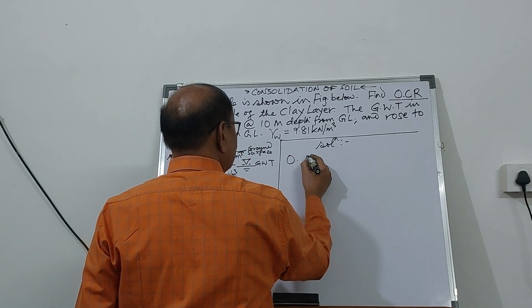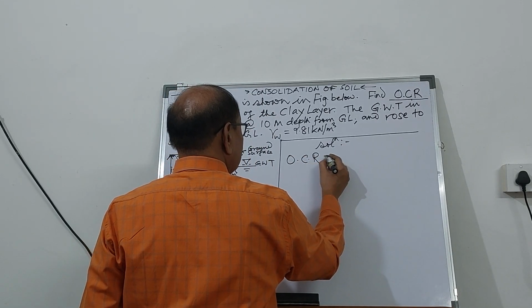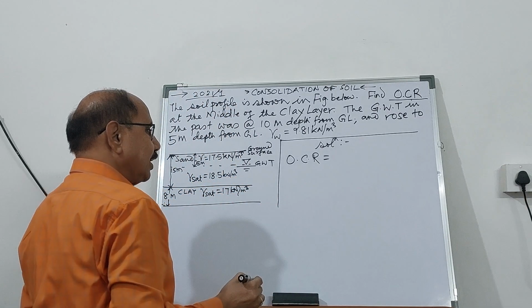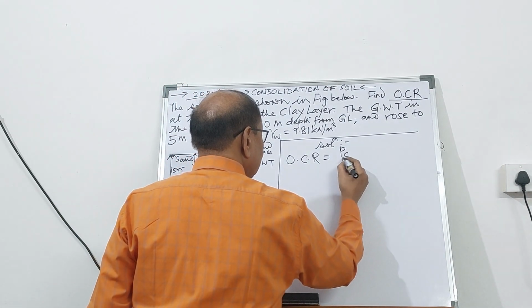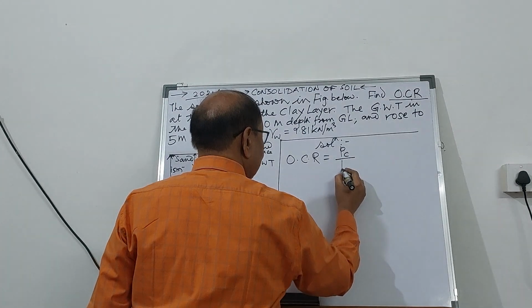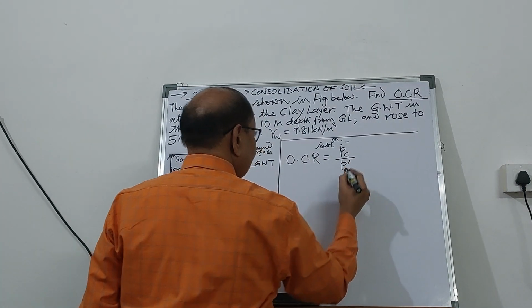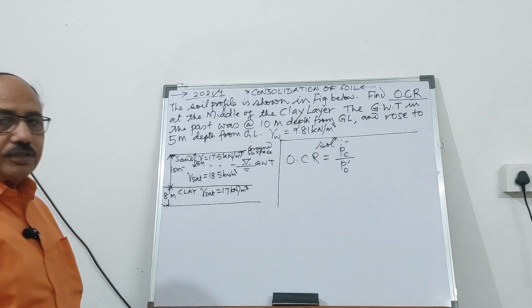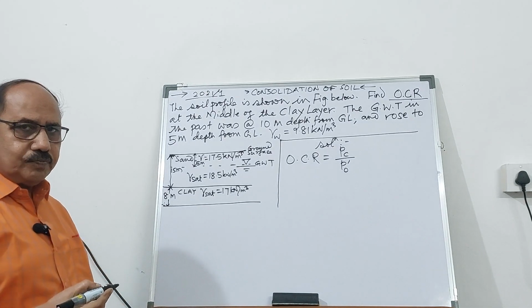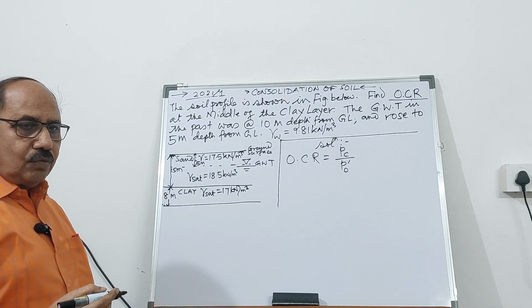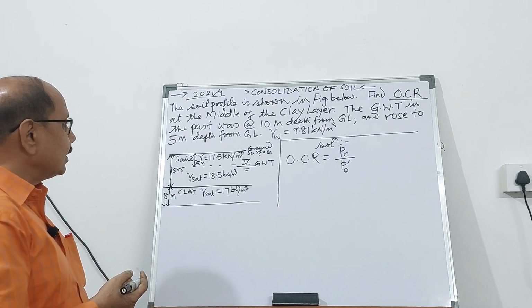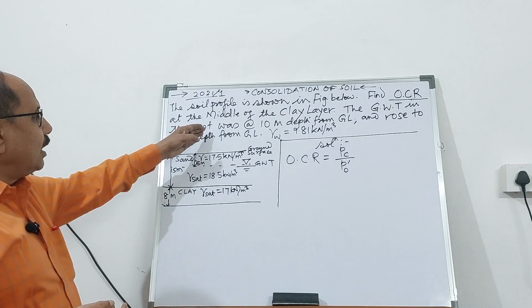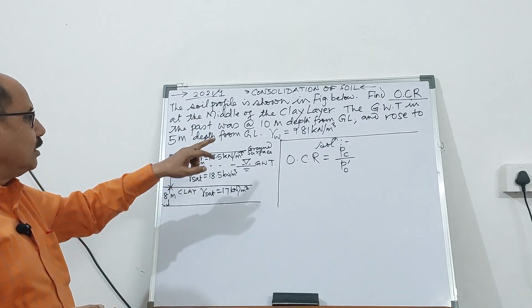So what is the over consolidation ratio? You will have to find out. Over consolidation ratio is the pre-consolidation pressure divided by present effective overburden pressure. So in the past, what was the quantum of pressure that was applied here is to be calculated.